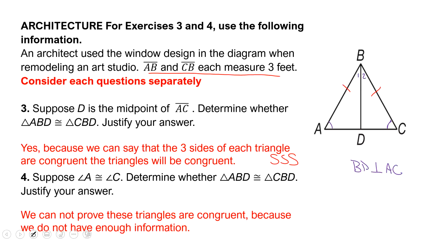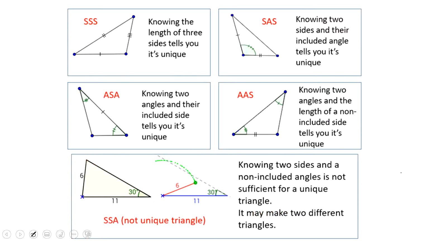Okay. So here's what we learned today. If the 3 sides of a triangle are congruent, we know the triangles are congruent. It's a unique triangle. If we know 2 sides and the included angle, the side, angle, side postulate, then those triangles are congruent.